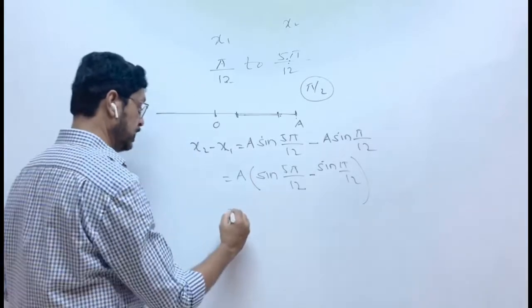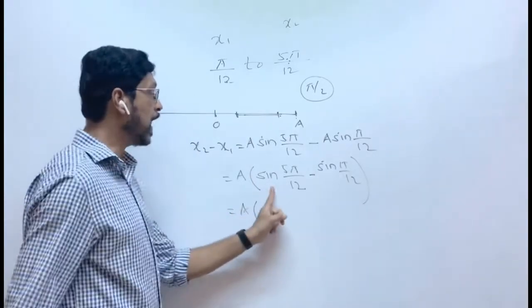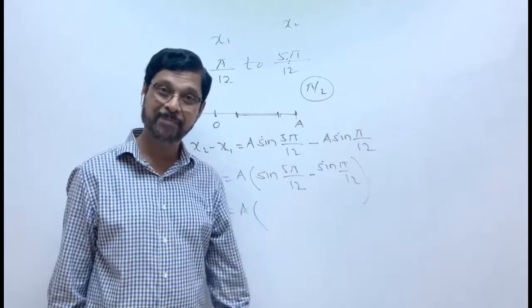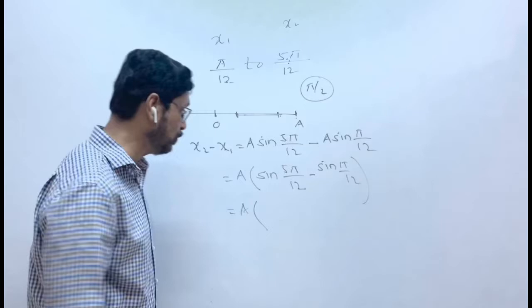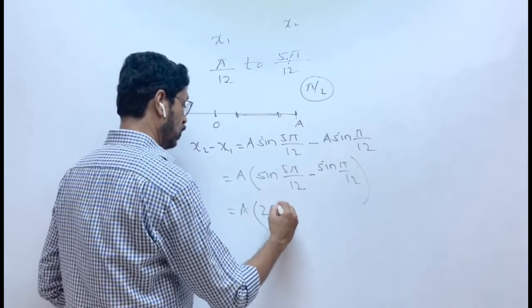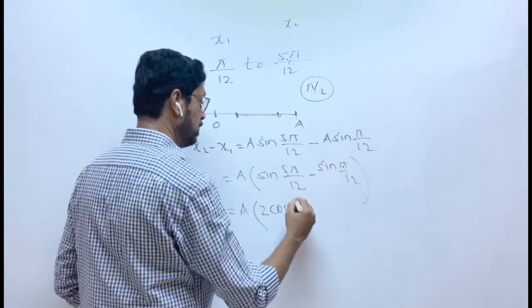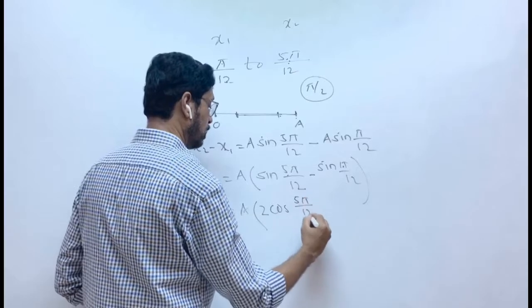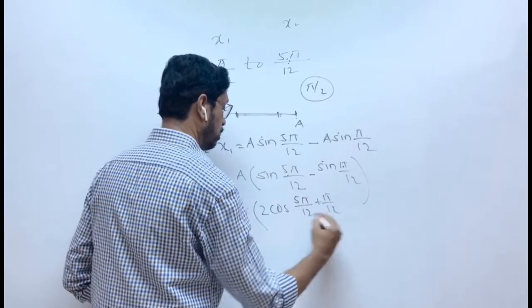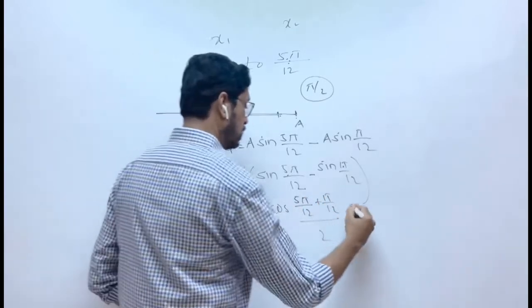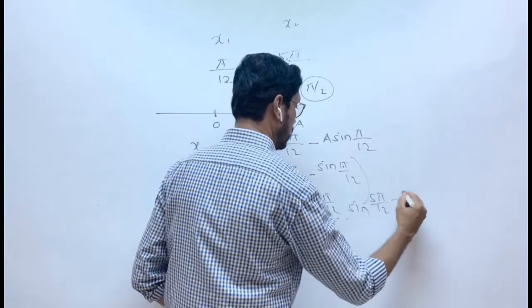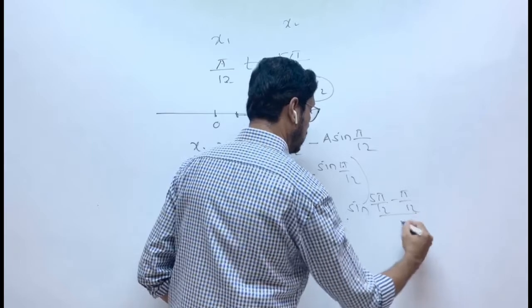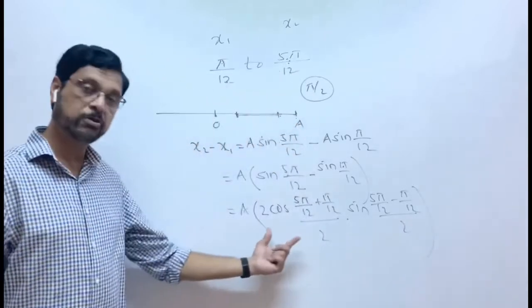Or what you can do here is, sine c minus sine d is 2 cos c plus d by 2, sine c minus d by 2. Now solve this.